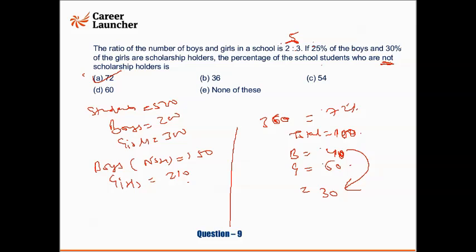So remaining students will be 42 girls, correct? So in total you will get 72%. So in this way also you can do. That is going to save your time. You don't need to calculate the percentage values again because here the base itself is 100, correct? So in this way you can calculate your answer.